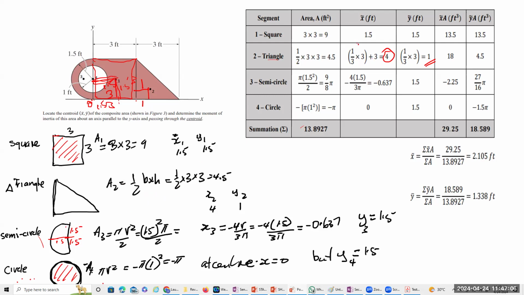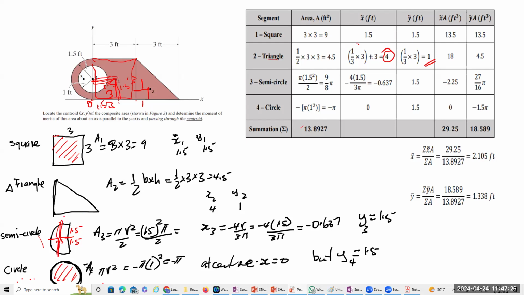Where's the next part now? Oh, so for the semicircle, you'll have to remember this formula here. It's going to be 4r upon 3 pi. It is minus this distance here, some line across here.